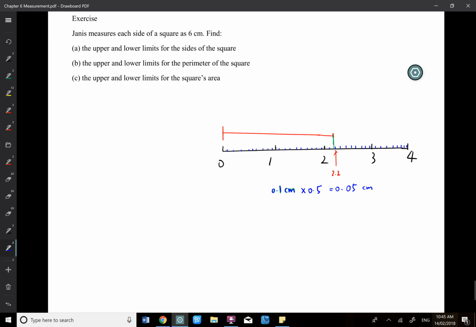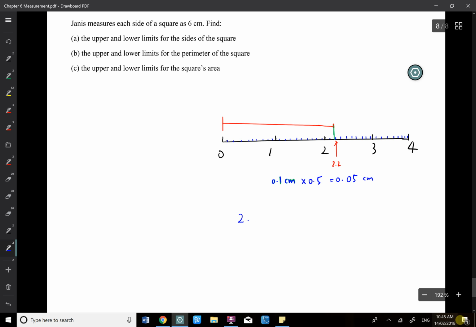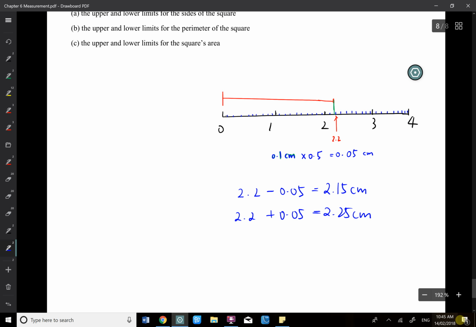So in this case, 2.2 minus 0.05 gives you 2.15 centimeters, and 2.2 plus 0.05 gives me 2.25 centimeters.